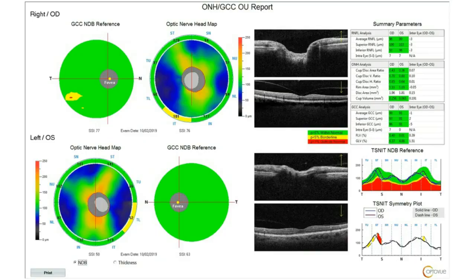Okay, so here is an example of a much more subtle case where we have a patient with the right eye. That's the top two circles that we're seeing, and the bottom two is our left eye. Now, most of us know that, but I just wanted to reinforce that fact. When we look in the right eye, we can see that the infratemporal area is being flagged.